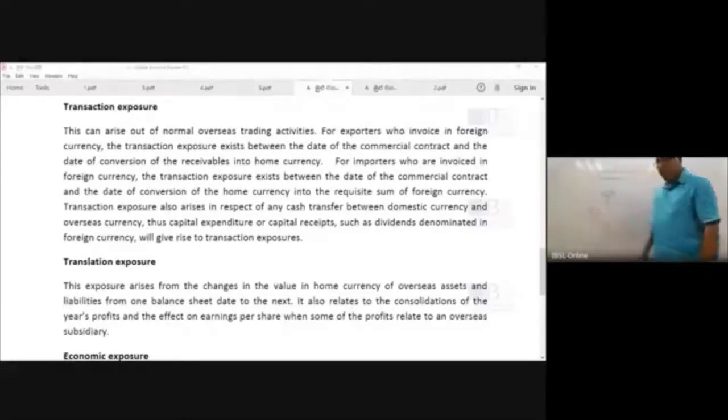This presenting bank will deliver the documents to the drawee.